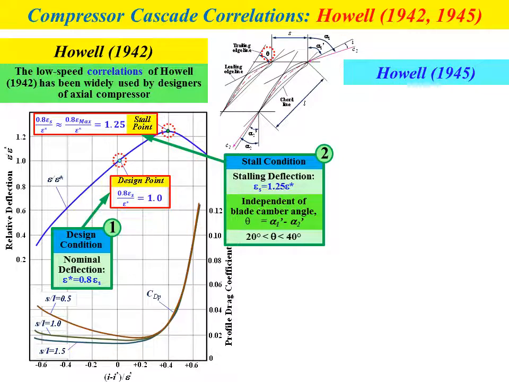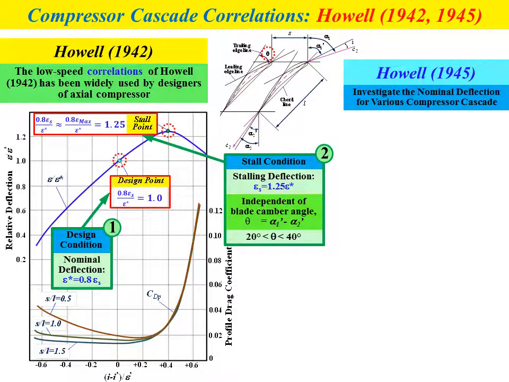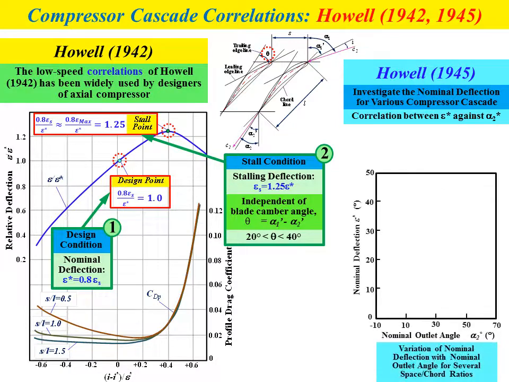Okay, next, the correlation done by Howell in 1945. So Howell investigated the nominal deflection for various compressor cascades, and he obtained a correlation between nominal deflection angle and the nominal outlet flow angle alpha 2 star, as shown in the figures. So the graph actually shows the general variation of nominal deflection with nominal outlet angle for several space chord ratios.